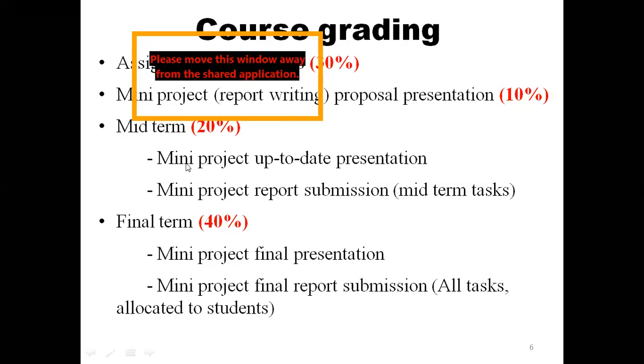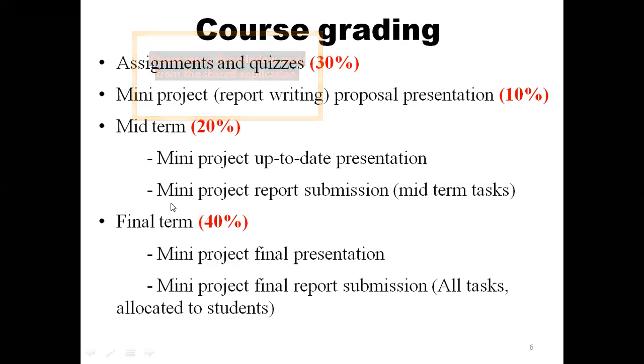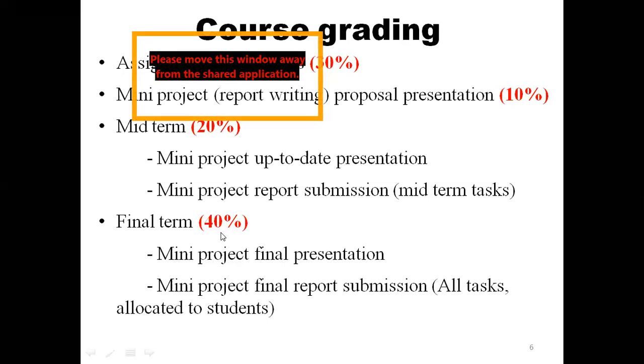Midterm is 20%, and in the midterm you have to present an up-to-date presentation of your mini project or mini report writing, and you have to submit the midterm tasks of the mini project. And the final term exam contributes 40% of the weightage: again, the final presentation of your mini project, and you have to submit the final report of your mini project.